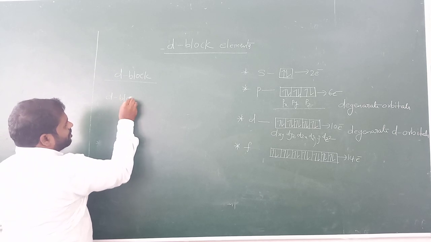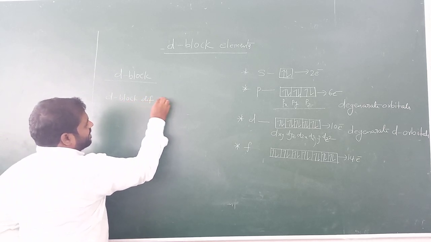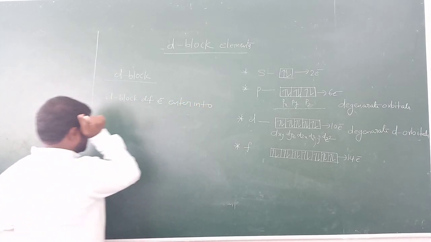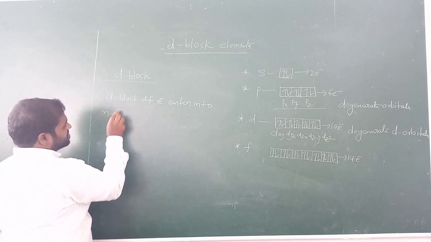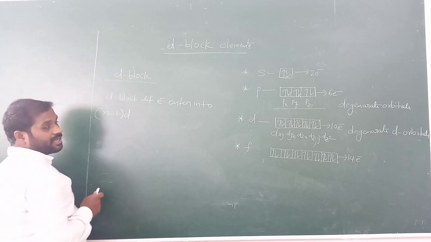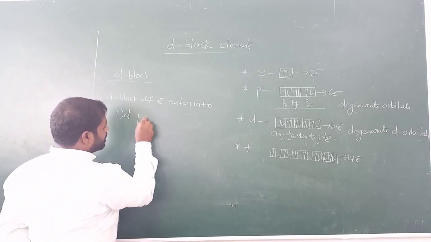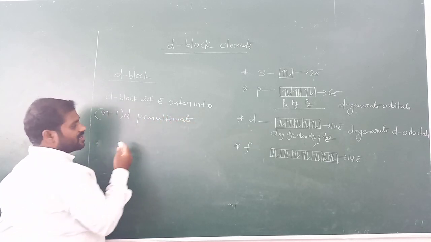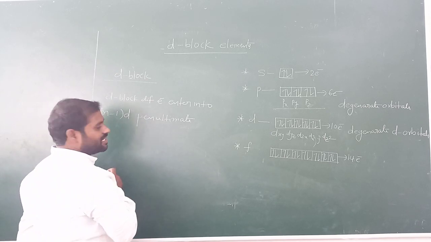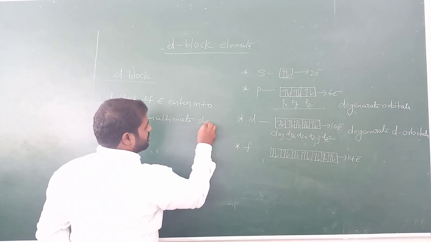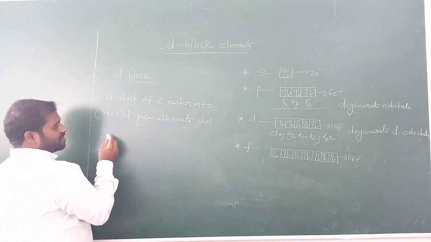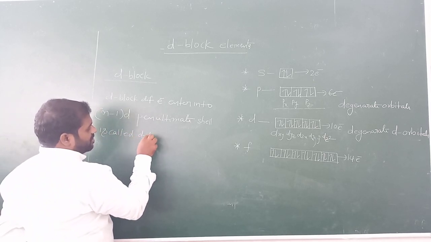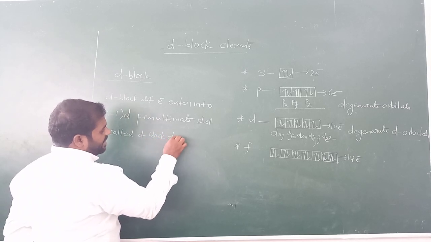In D block, the differentiating electron enters into the n-1 d, the penultimate shell. That is called D block elements.